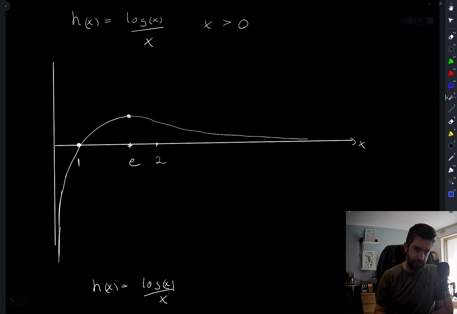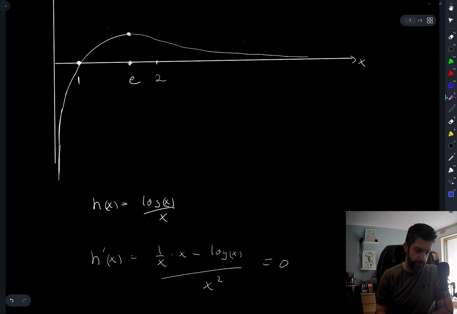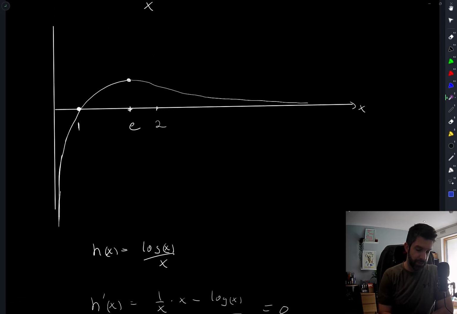Well, there's clearly no solutions to this for distinct positive integers. If one of the integers is equal to 1, then the function is equal to 0, and it's positive everywhere to the right, so that's not possible. There's no other positive integer where this function is equal to 0.